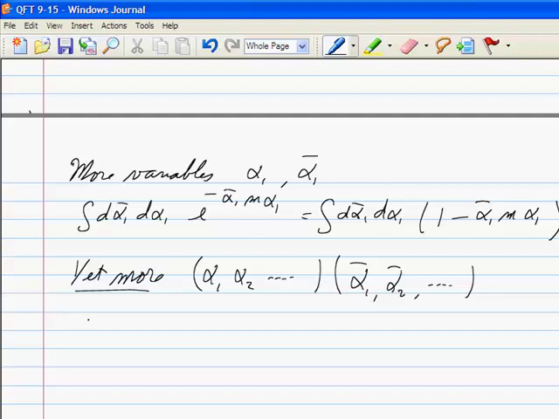So I then have in the form dα1 bar, dα2 bar, down to dαn bar, dαn down to dα1, e to the minus α bar i M ij α j.